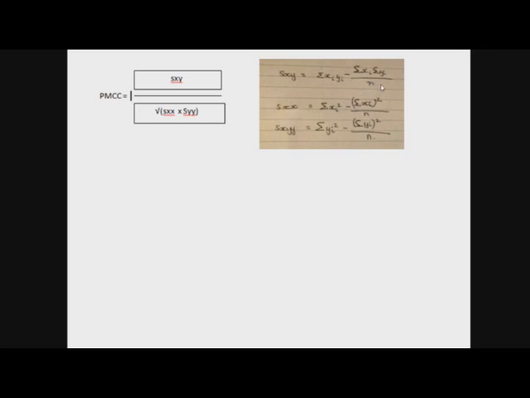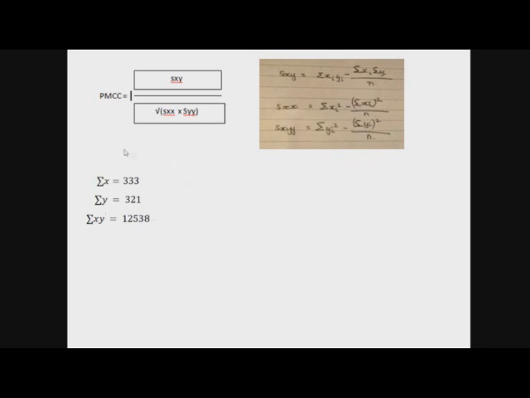The n is the number of values in the table in the first place, which is 10, which means the number of people that took part in the archery competition. Same goes for SXX and SYY, but using different values, like the sum of x squared, sum of y squared, and so on.